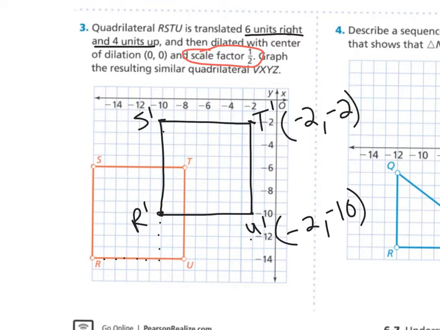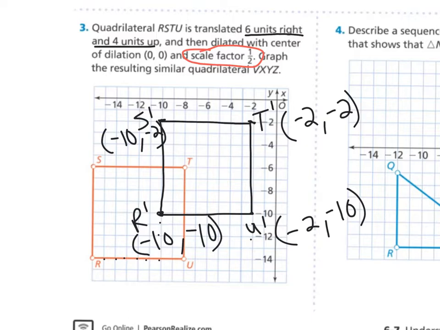Because remember, we're going to be multiplying our coordinates by our scale factor. Yes. When we talk about scale factor, it's always multiplying. Good question. Okay, so in this case, we're going to be multiplying the x's and the y's by 1/2.